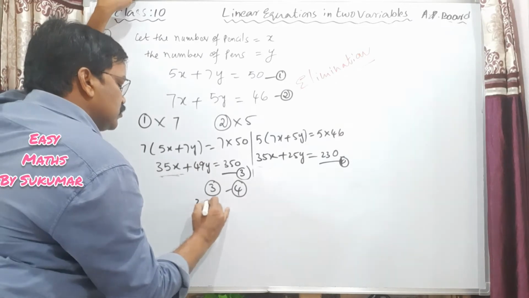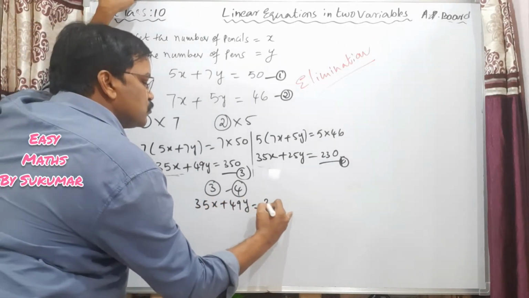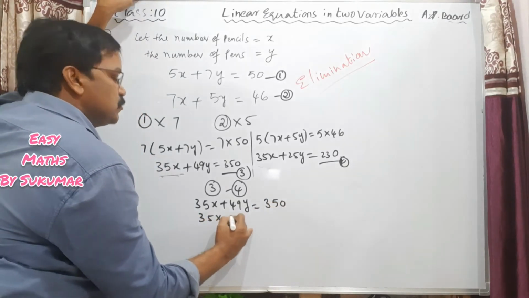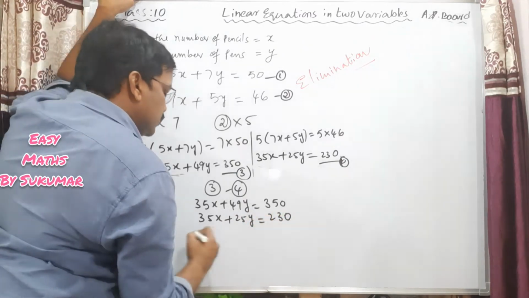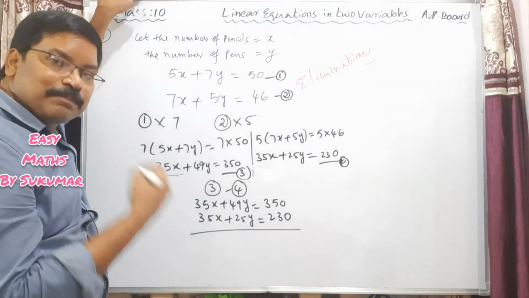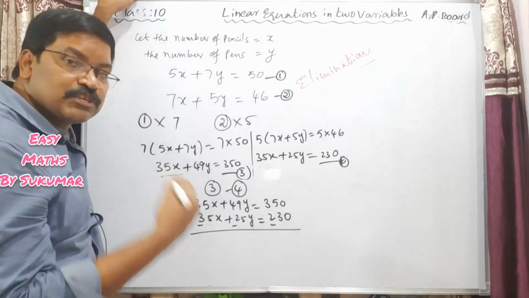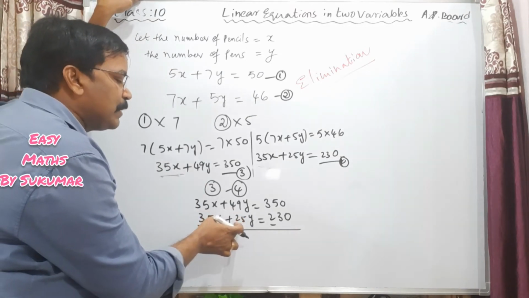The first equation is 35x plus 49y is equal to 350. Similarly, 35x plus 25y is equal to 230. We are subtracting, so the signs of the second equation will be changed. Plus becomes minus, minus, minus.